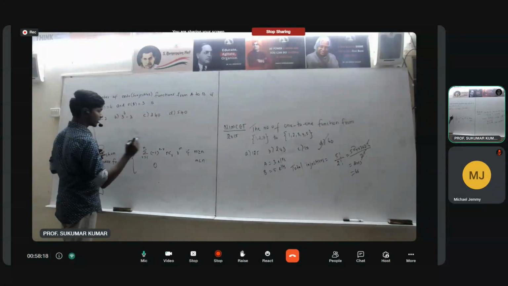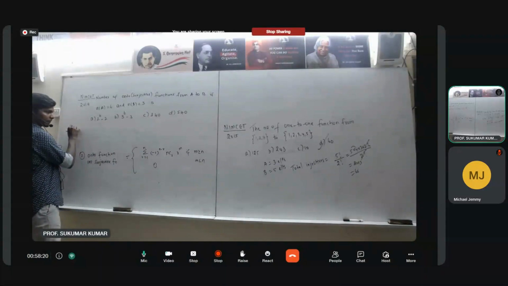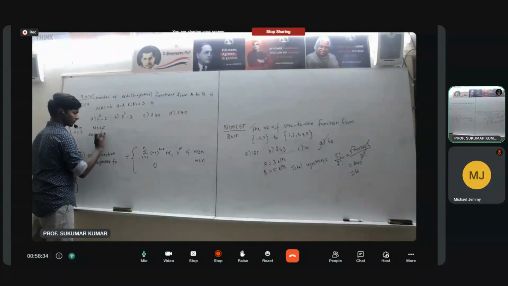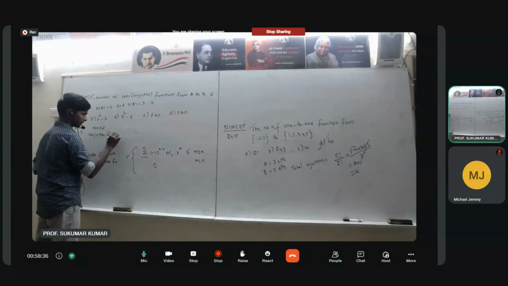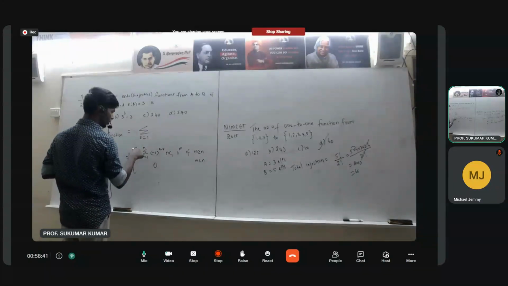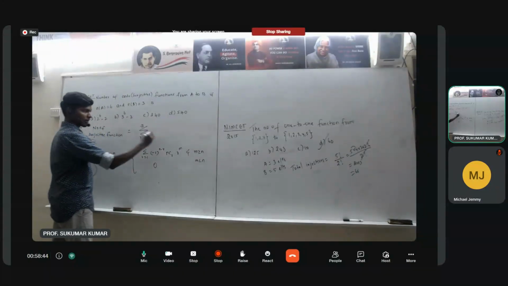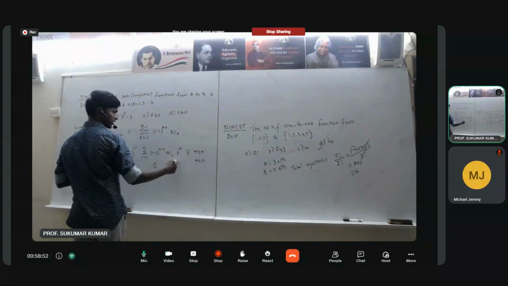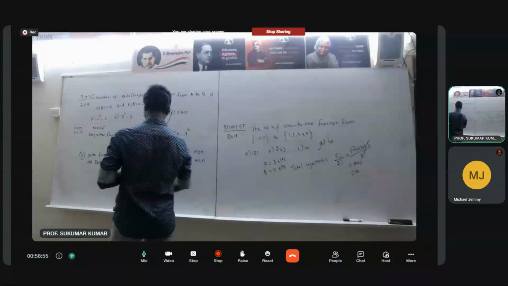So M representing 6 and N representing 3, apply here, and you'll get the number of surjective functions or onto functions. Got it or not?